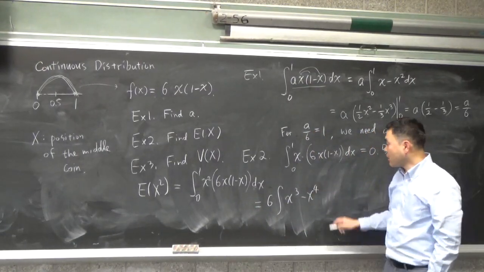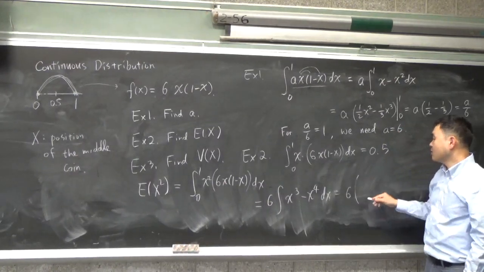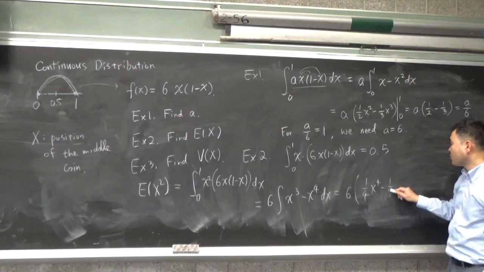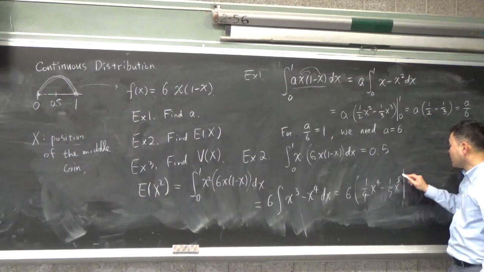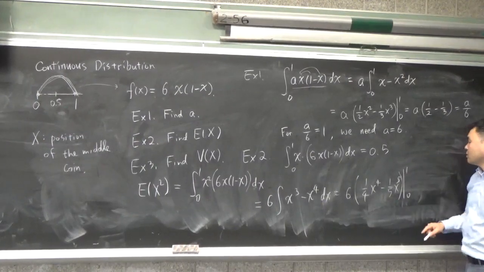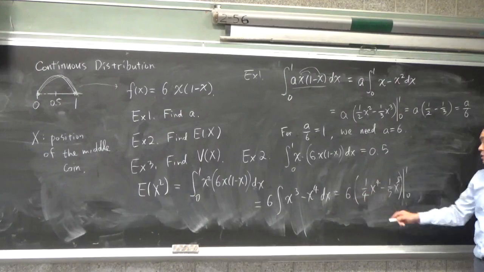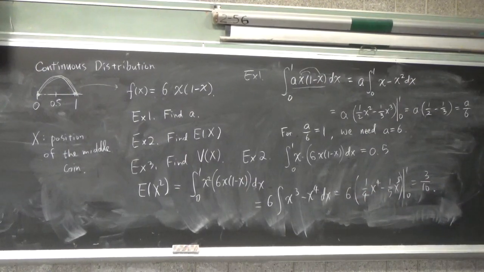These are subtracted and you integrate. That gives you 6 times 1/4 x to the 4th minus 1/5 x to the 5th. When you plug in 1 and 0, it gives you 6 over 20, which is 3 over 10.